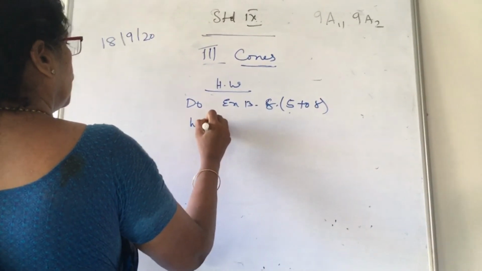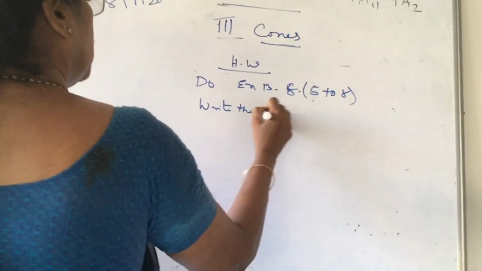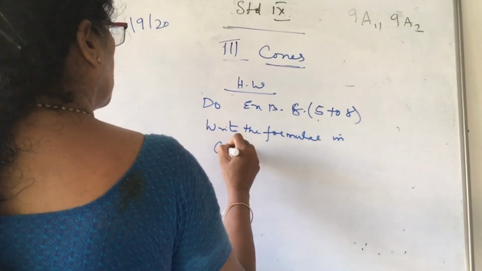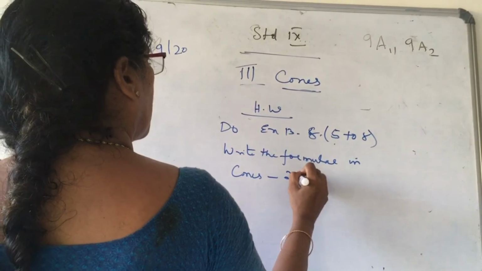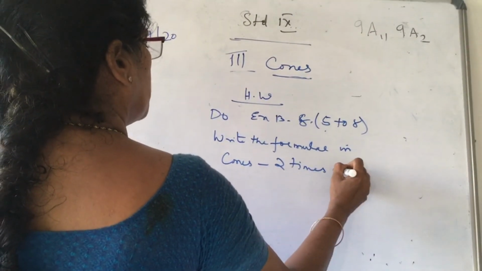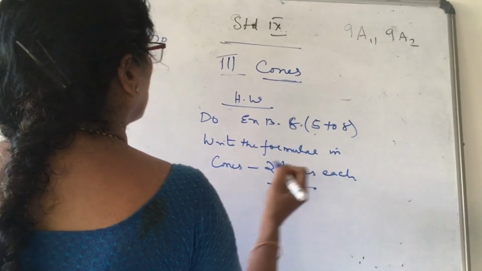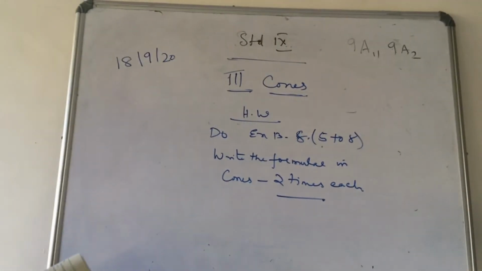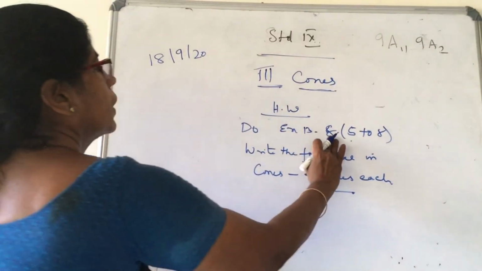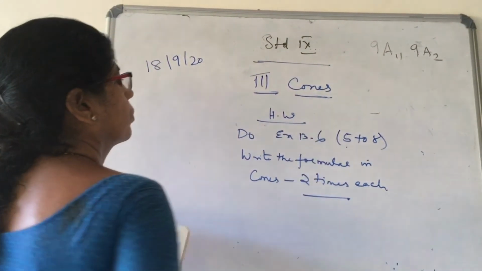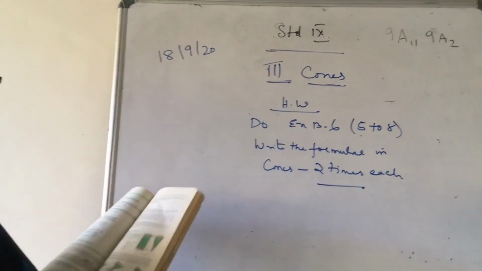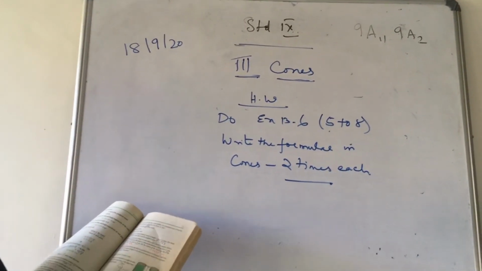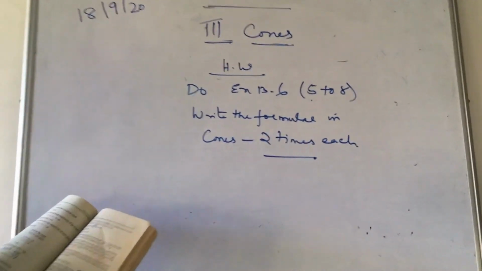Write the formulae in cones 2 times each. Please write, children, then only you can remember. Yes. Hope you have followed, children. Exercise 13.6, 5 to 8 is the homework, children, and write the formula in cones 2 times each.